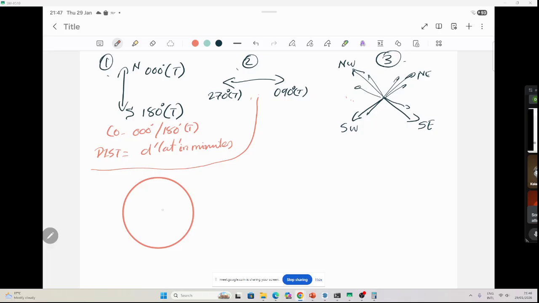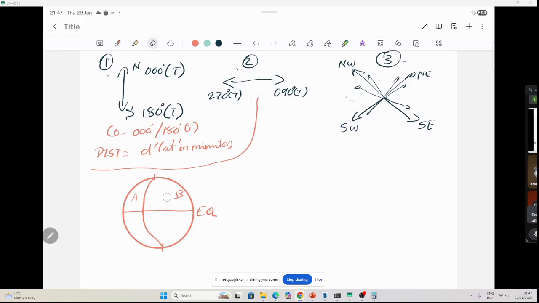You will see this is the equator, and you are going from one longitude to another longitude, from A to B. Are we clear?